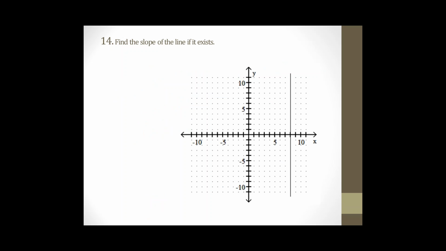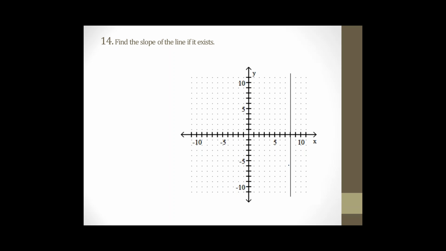Okay, so now let's move on to 14, which asks us to find the slope of the line if it exists. So we are given a graph, and here is our line, and we are asked to find the slope. Well, for linear equations, there are basically two different special cases.